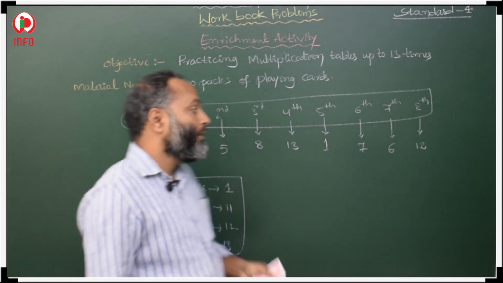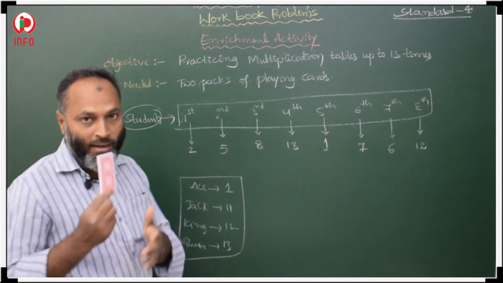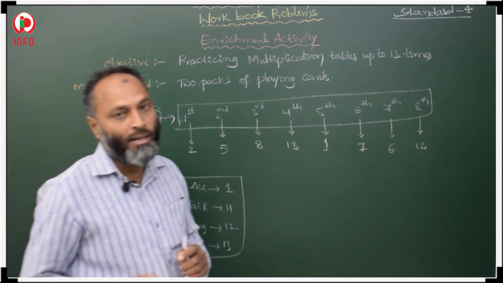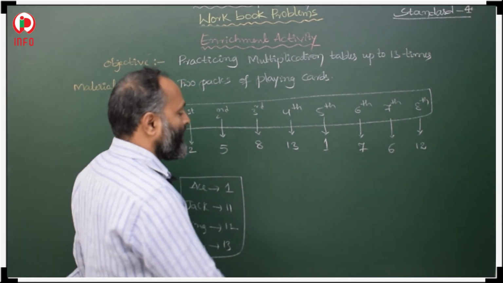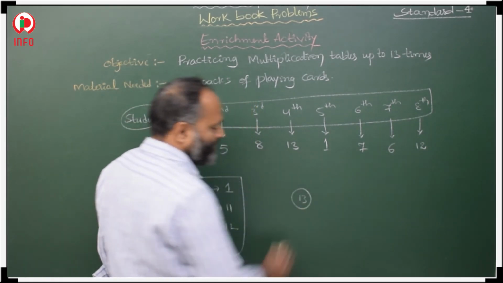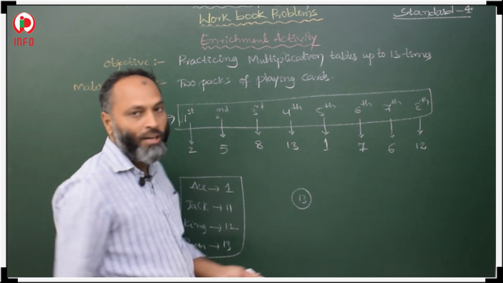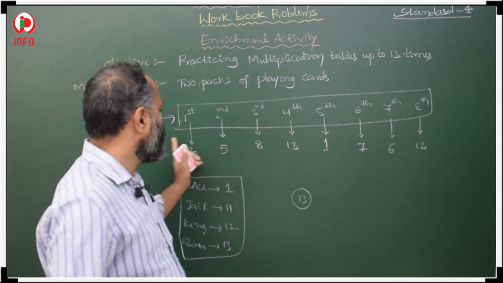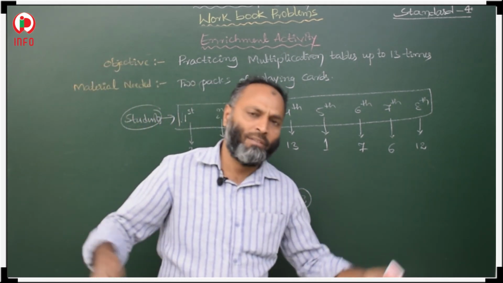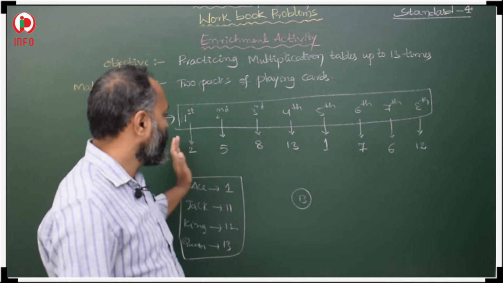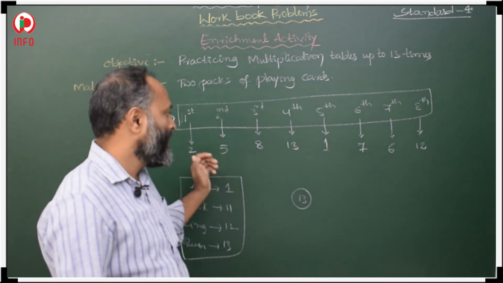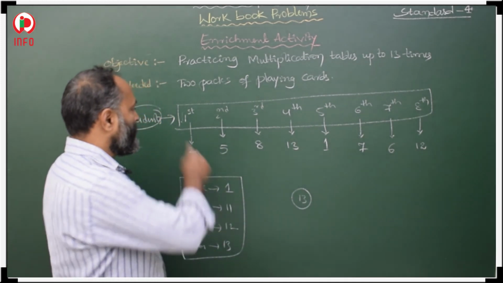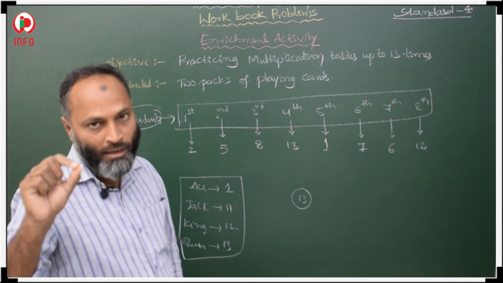And the first student has to pick one card from the remaining cards. Maybe that card is a 13th number card. So after the students pick different number cards, the remaining cards they keep in the middle, and number wise the first student should pick a card from the middle.